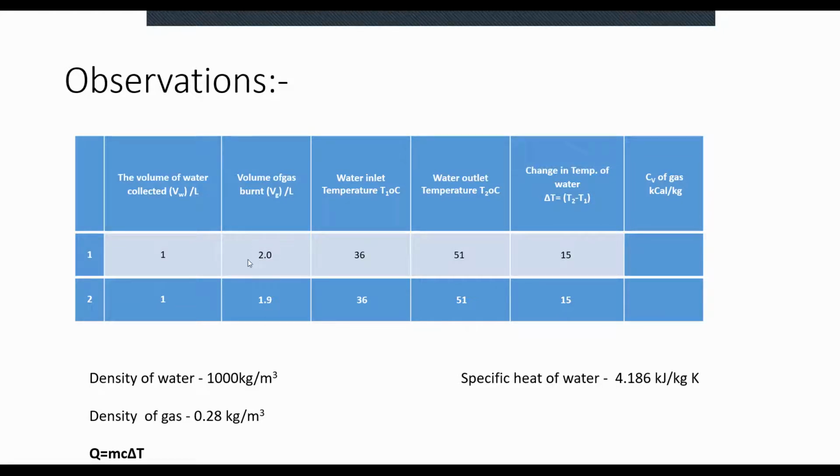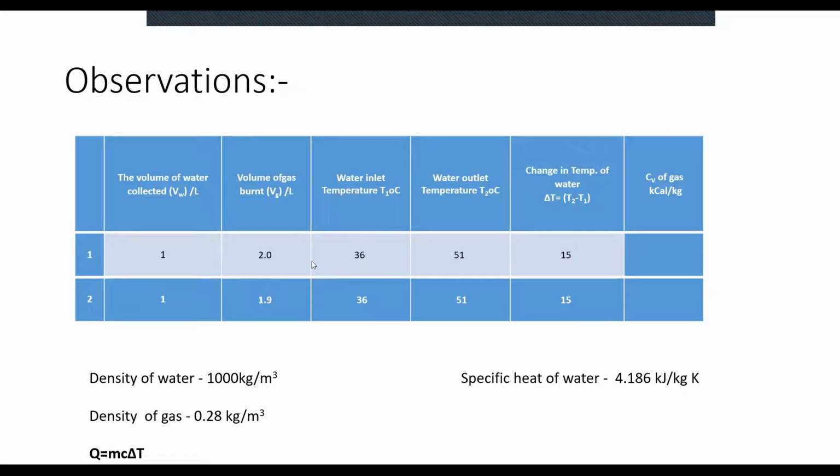Then how can you calculate the mass of this LPG gas? Because you know the volume, 2 liters, right? So you have to make the volume as meter cube. Then you have to multiply by the density. Then you will get the mass of this volume of LPG gas, right?